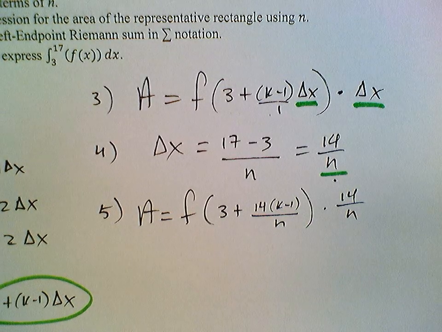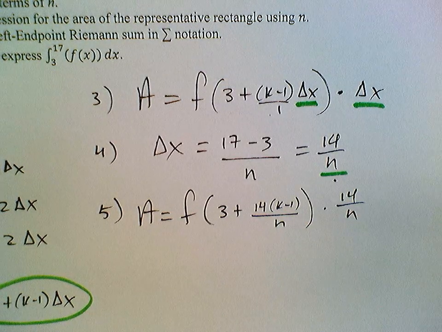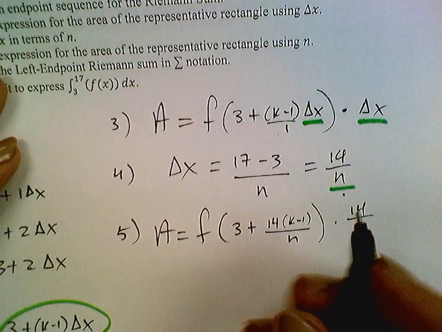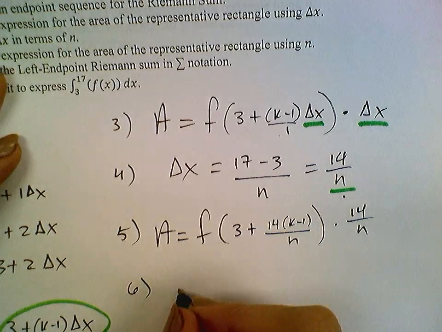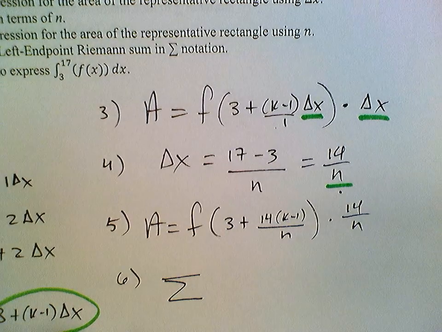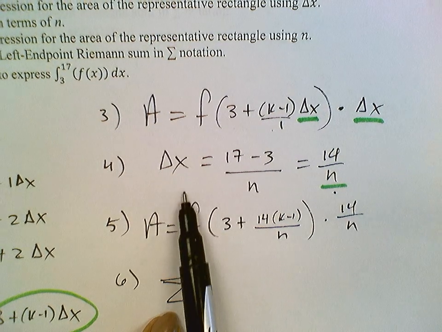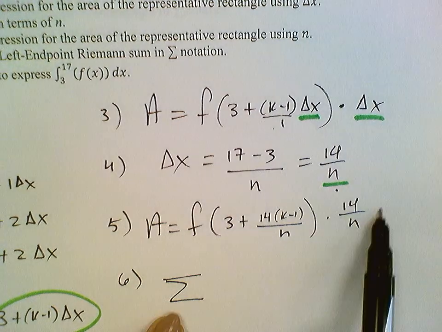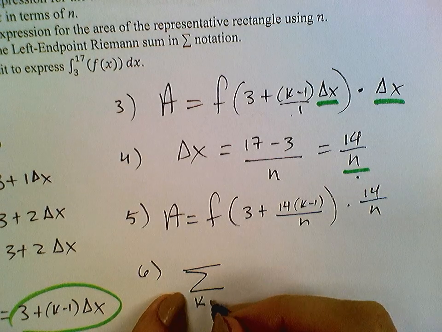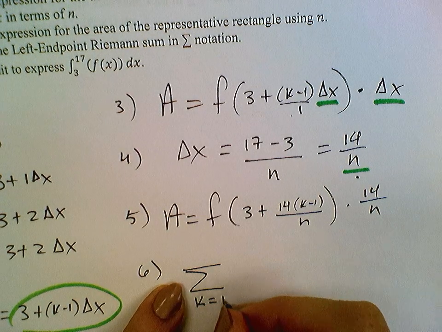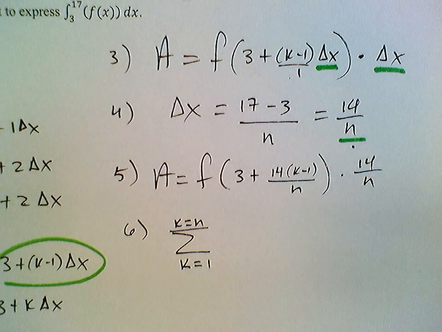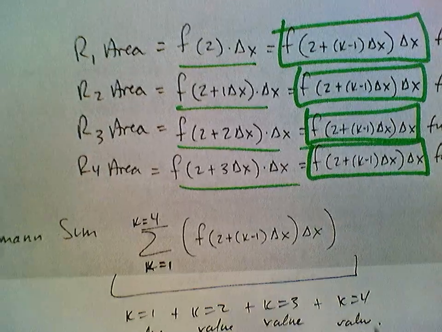Now, step 6, express the left endpoint Riemann sum in sigma notation. So we're going to do a sum of all of these areas where k takes on values 1 up to n. Here it was 1 up to 4.